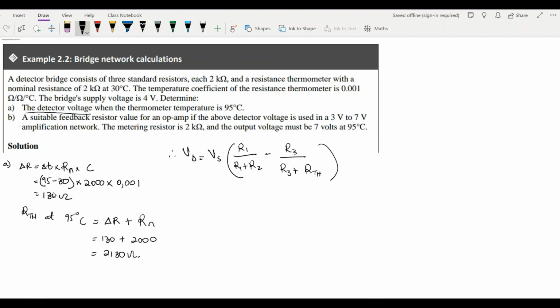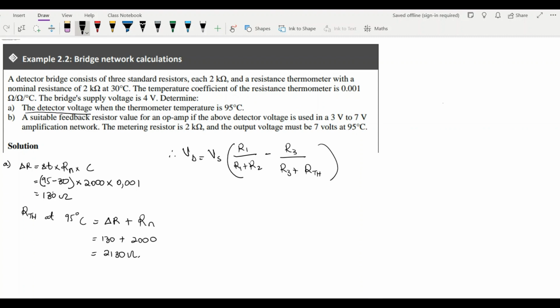At the same time, you'd also see where your thermometer resistance occurs. In this case, we are given a bridge that has three standard resistors, R1, R2, and R3, and a resistance thermometer with a nominal resistance of 2 kilo ohms.